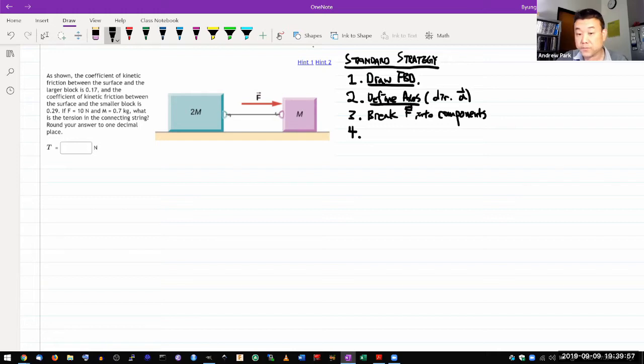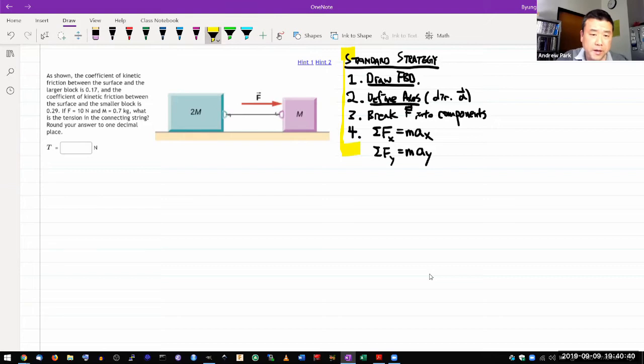So when you have a 2-dimensional problem, it'll be like writing the net force along the x direction is mass times acceleration along the x direction, and net force along the y direction is equal to mass times acceleration along the y direction. So let me illustrate these 4 steps with this question.